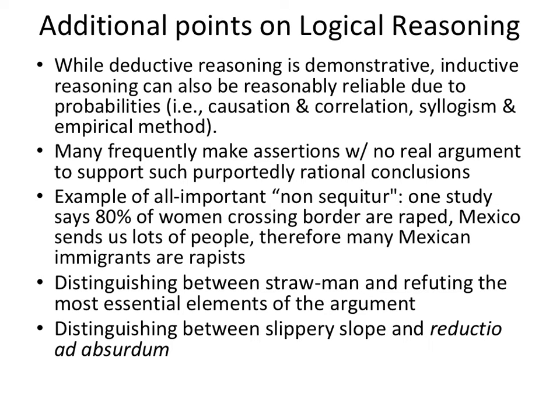Well, refuting the essential elements of an argument might seem like you're committing the straw man fallacy, but it's not. If you say so-and-so has this position, and they give an apparently complicated argument for it, but you can actually reduce their argument to these simple lines here, okay?